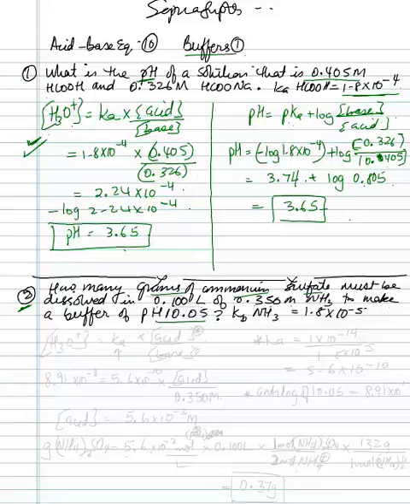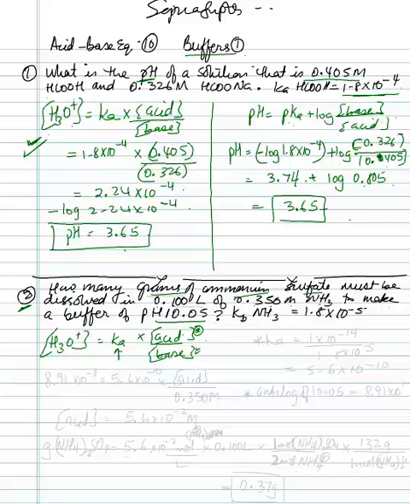Okay, and so again, we will need our equation, which is H3O plus is equal to Ka times, again, acid over base concentration. So what do we need over here? Ammonia is given to us, so we have the base given to us, and we need to calculate the acid.